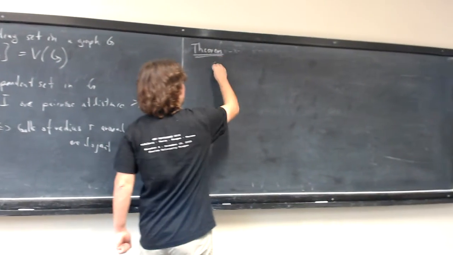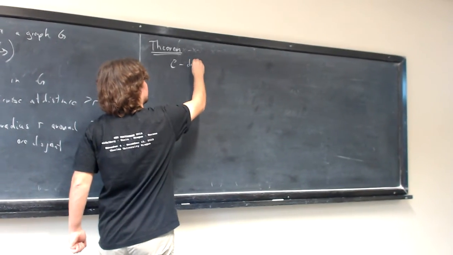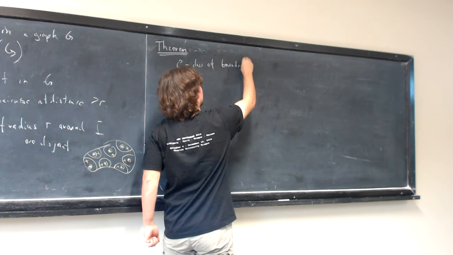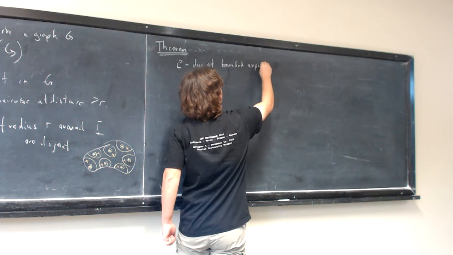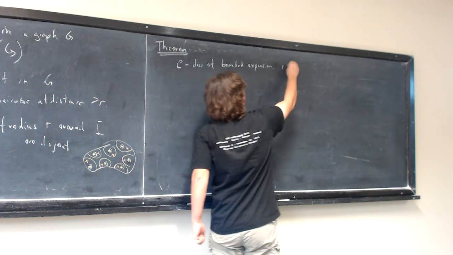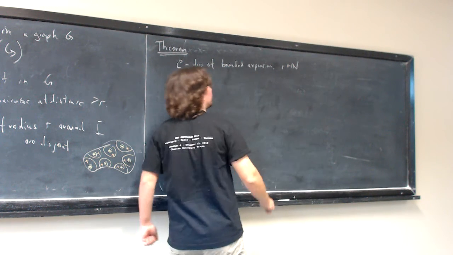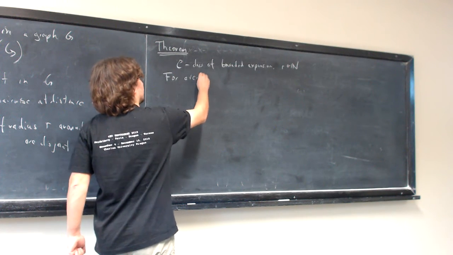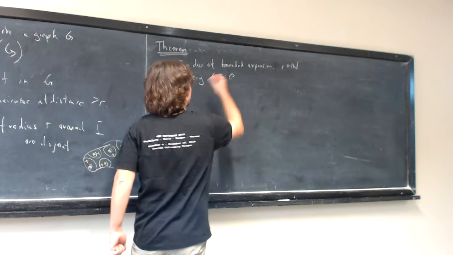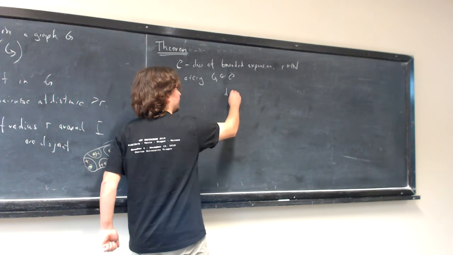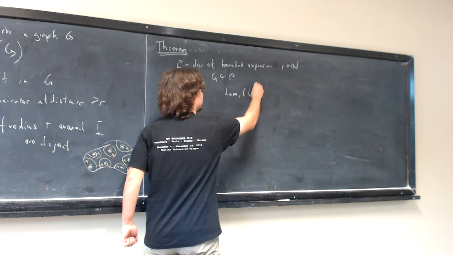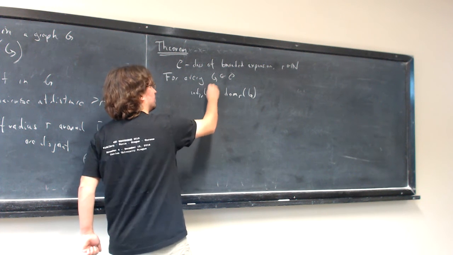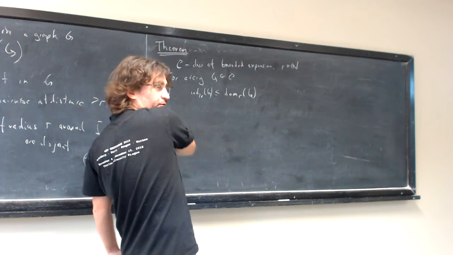Let C be a class of bounded expansion, and R is fixed. Then for every graph G from my class, I've got the following relation. If I take the domination number at distance R, then of course this is at least the independence number at distance 2R. This is just this inequality.